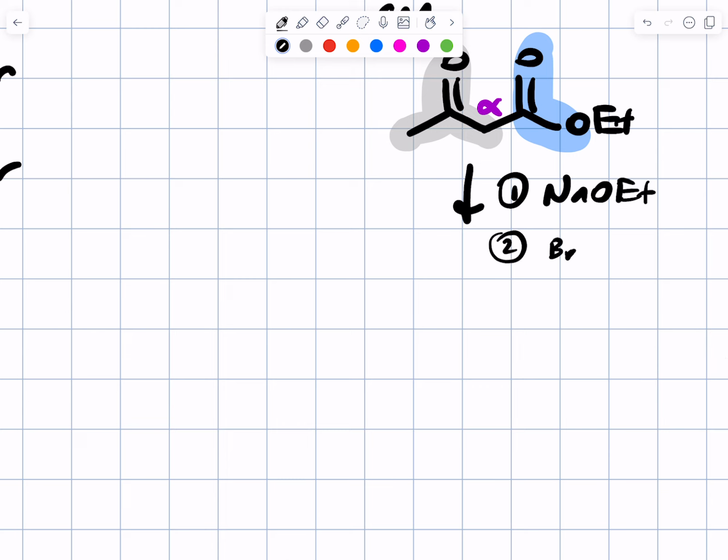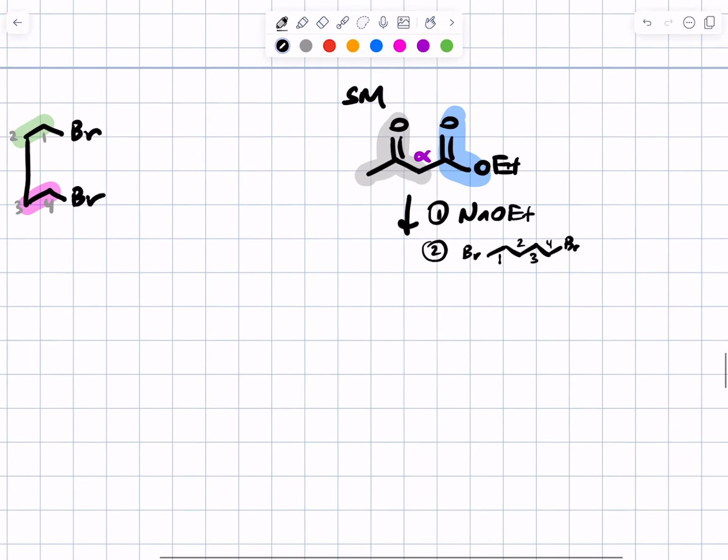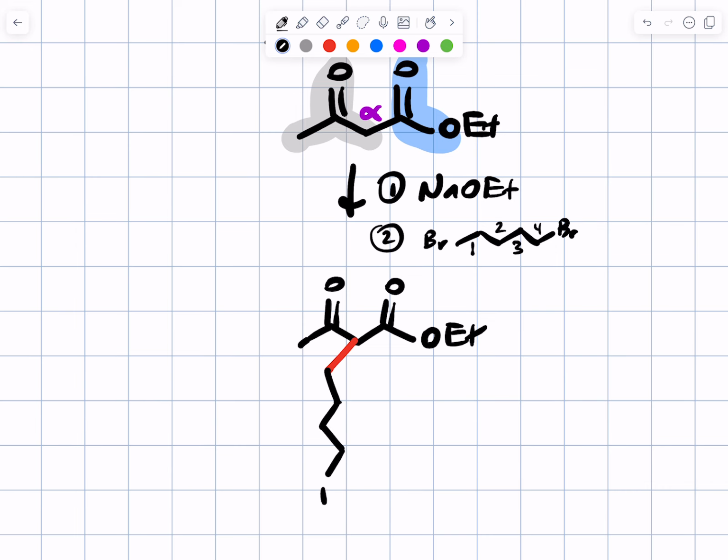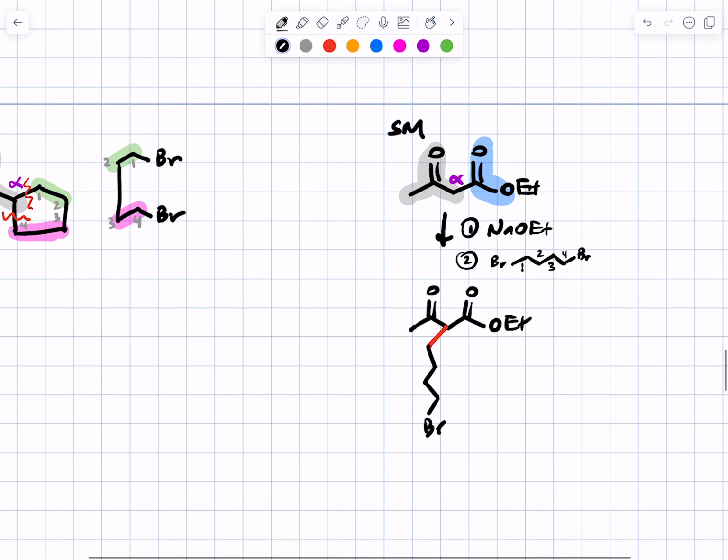Then you're going to use this 1, 2, 3, 4 carbon dihaloalkane, and you're going to make one of the 2 bonds here in red. Then this is carbon 1, 2, 3, 4 with the Br here.